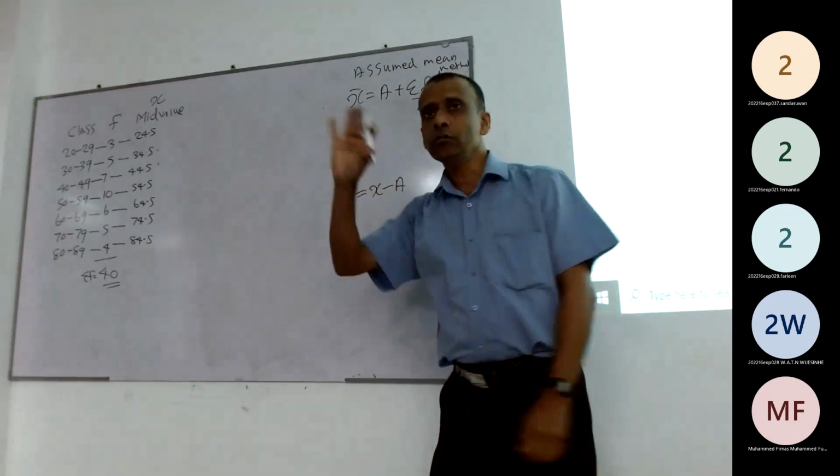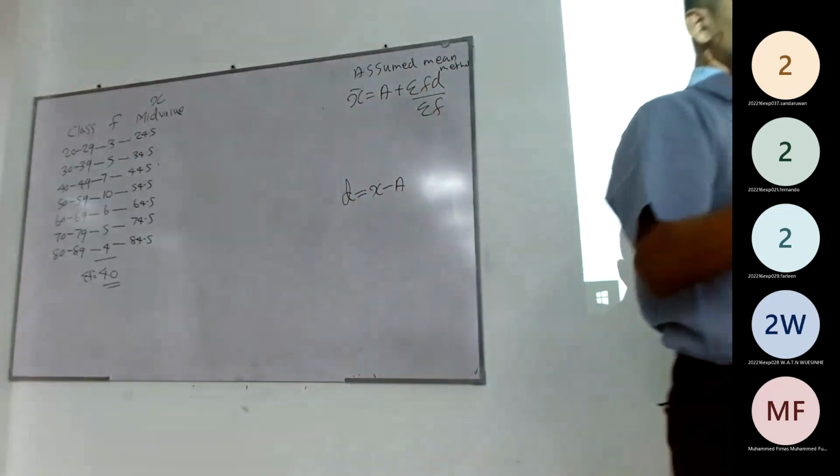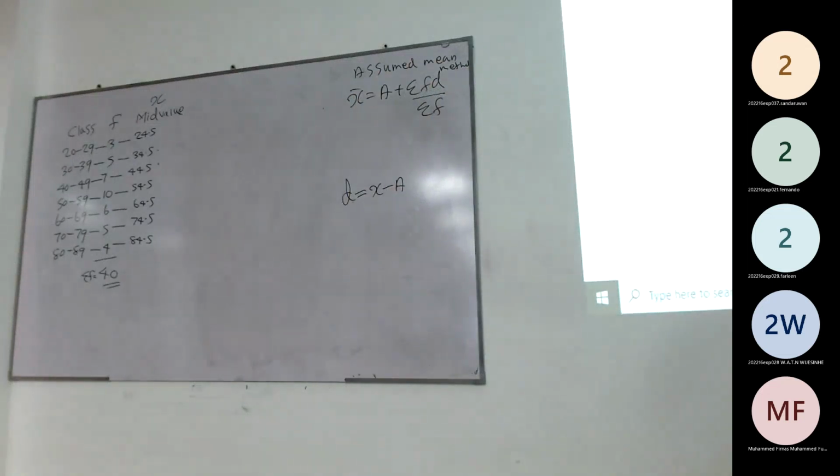Under that, write down like this. The mid value of any class can be assumed as the mean.